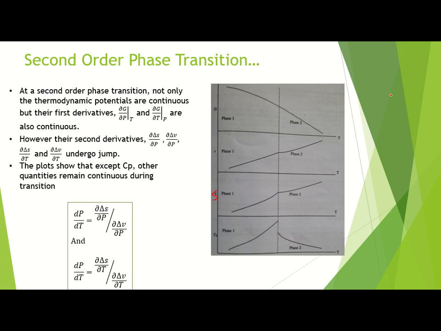You remember, in a first order phase transition, the first derivatives of the Gibbs free energy are discontinuous, and in second order phase transitions, the second order derivatives are discontinuous. We'll stop here. Next lecture we'll look at the indices, and then Landau theory of phase transition, and so on.